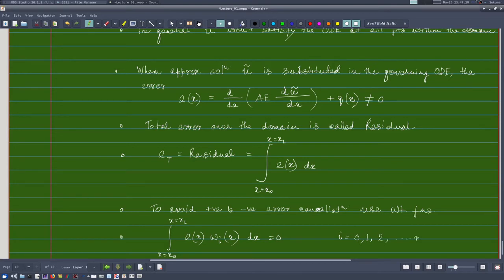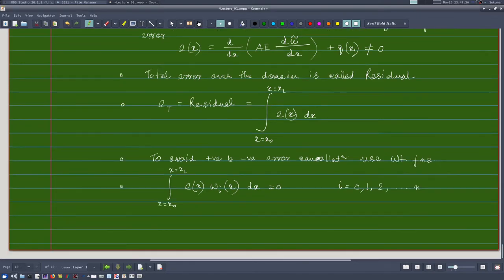This number of i will be same as the order of the polynomial we have used.